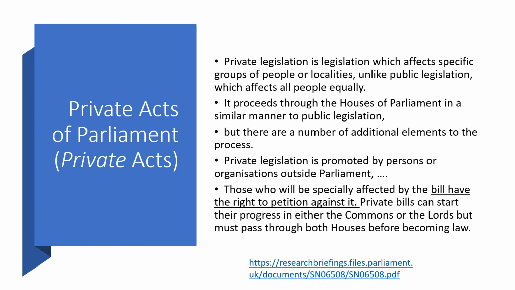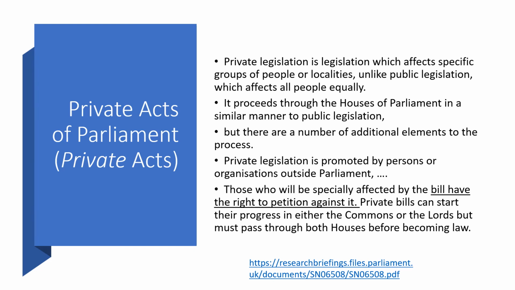It proceeds in a similar manner to public legislation, but it could well be promoted by an interest group from outside Parliament or a local authority who are keen on having this power for a particular purpose.